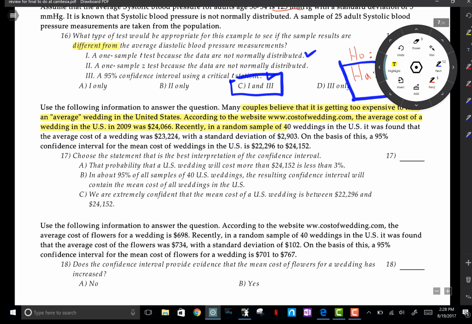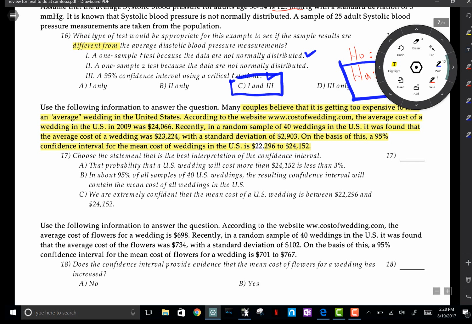Recently, in a random sample of 40 weddings in the U.S., it was found that the average cost of a wedding was $23,224 with a standard deviation of $2,903. On the basis of this, a 95% confidence interval for the mean cost of a wedding in the U.S. is $22,296 to $24,152. Choose a statement that is the best interpretation of the confidence interval.